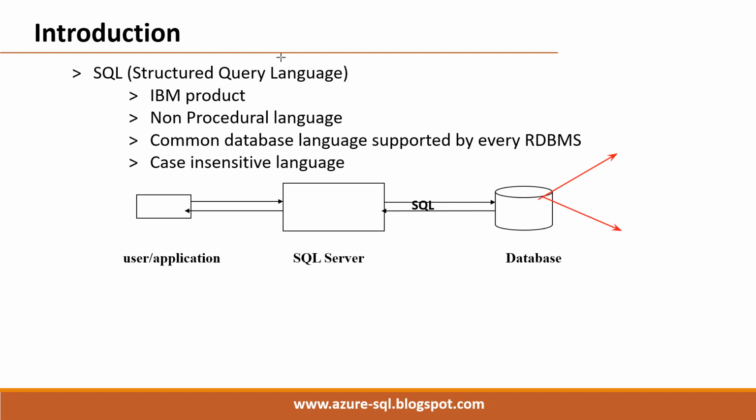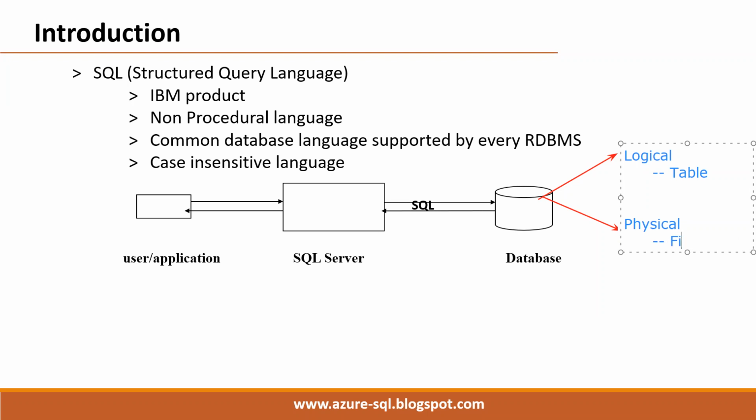One is the logical level, and the other is the physical level. Logical level means how the data is stored in the buffer cache, buffer area. So here tables are there.